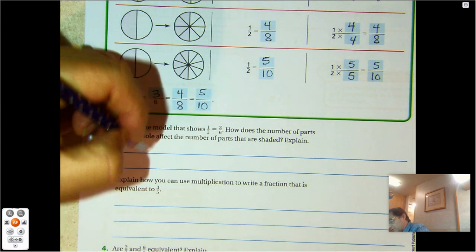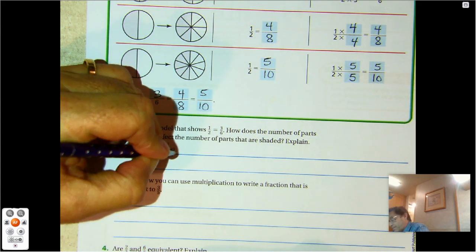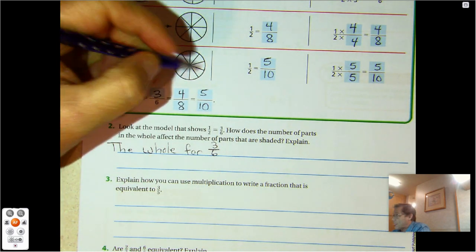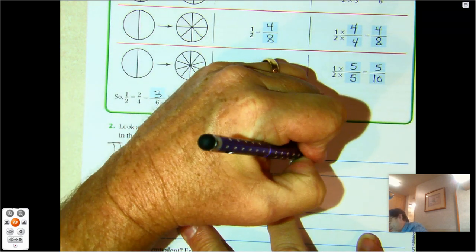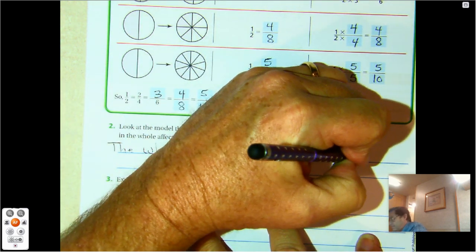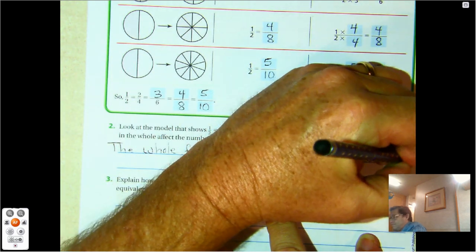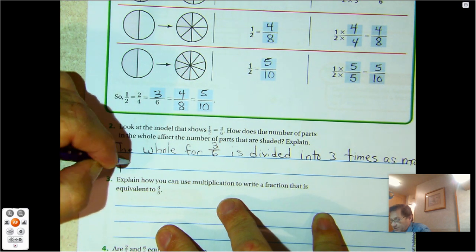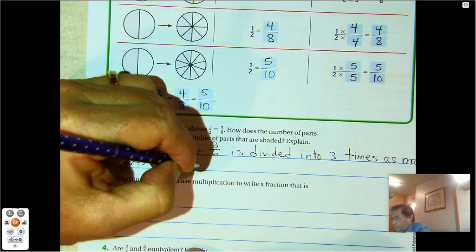Okay, so the whole for 3/6 is divided into 3 times as many pieces, or equal parts is what we should say, as many equal parts as the whole for 1/2.